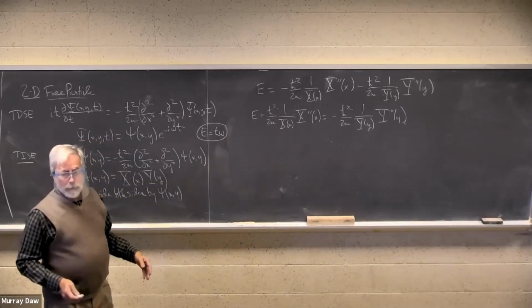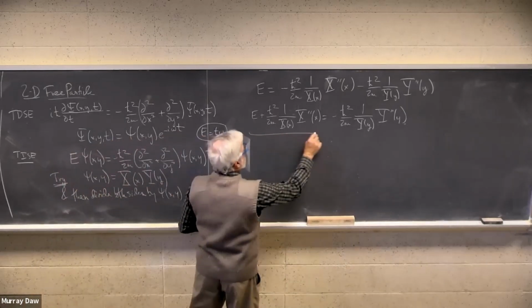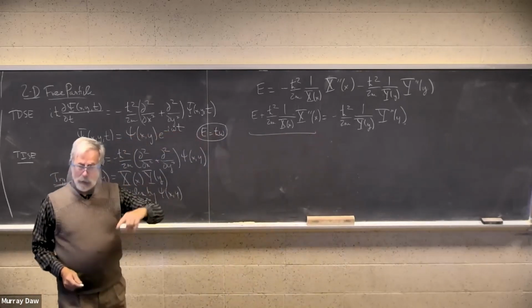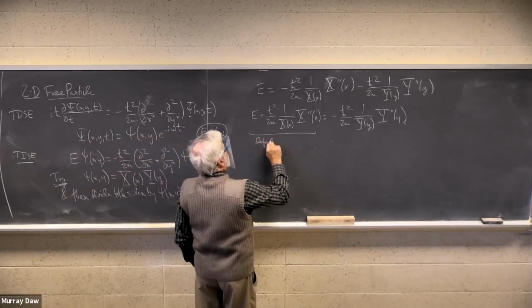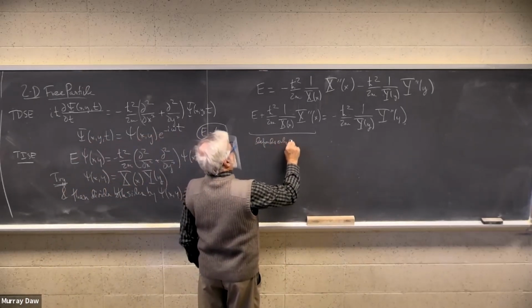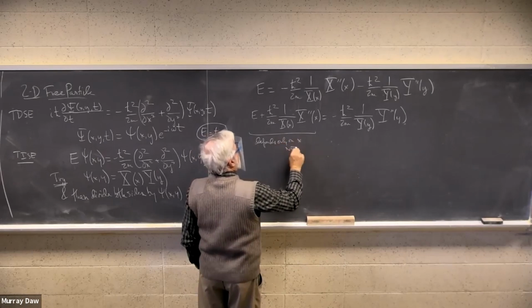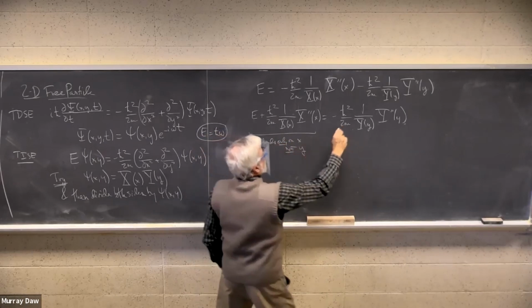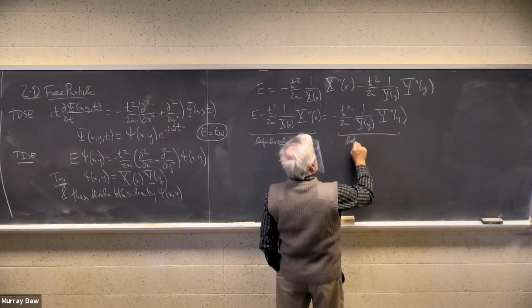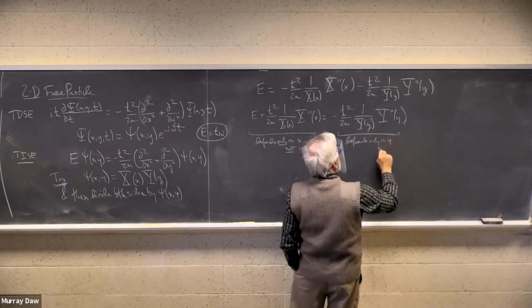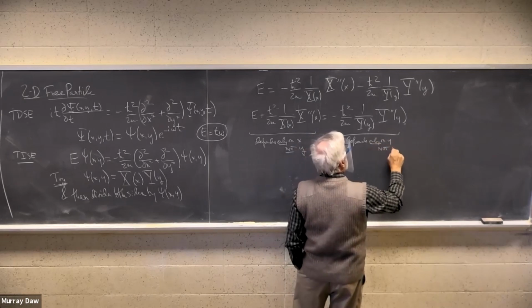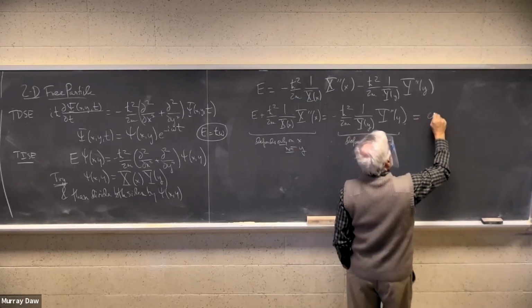Same strategy here. This depends only on X, not Y. This depends only on Y, not X. And so both sides have to equal a constant.